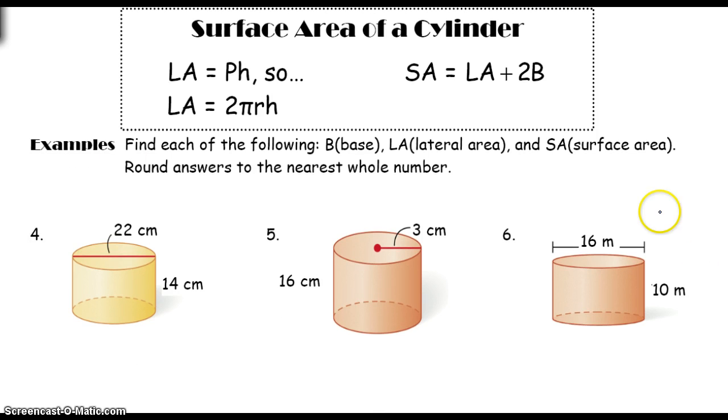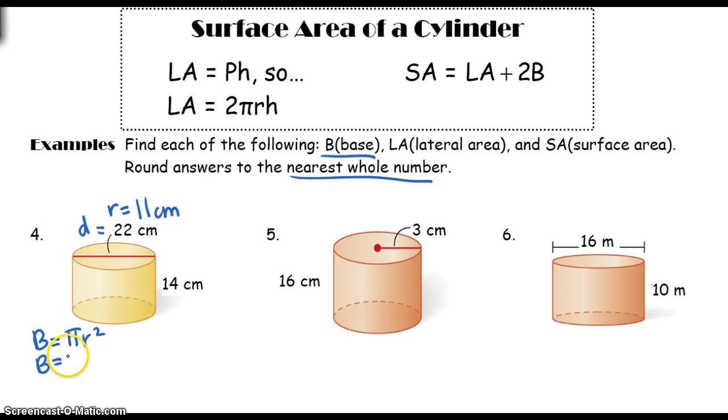So let's look at number 4. On number 4, they've given you a diameter, but you're going to be interested in finding the radius. And what's the radius here? 11 centimeters. Okay, now that we have that, we can dive in and find our base. The base here is a circle, so we're going to use pi r squared. We get to round to the nearest whole number. So we're going to use 3.14 times 11 squared.